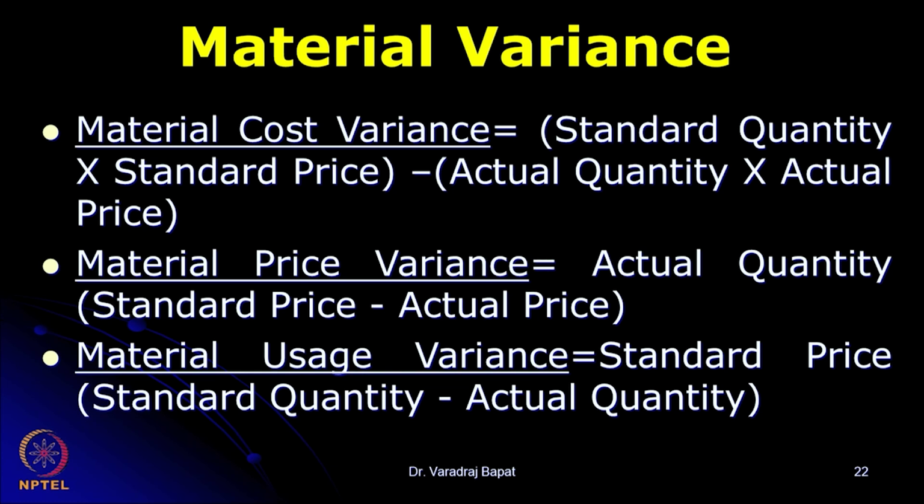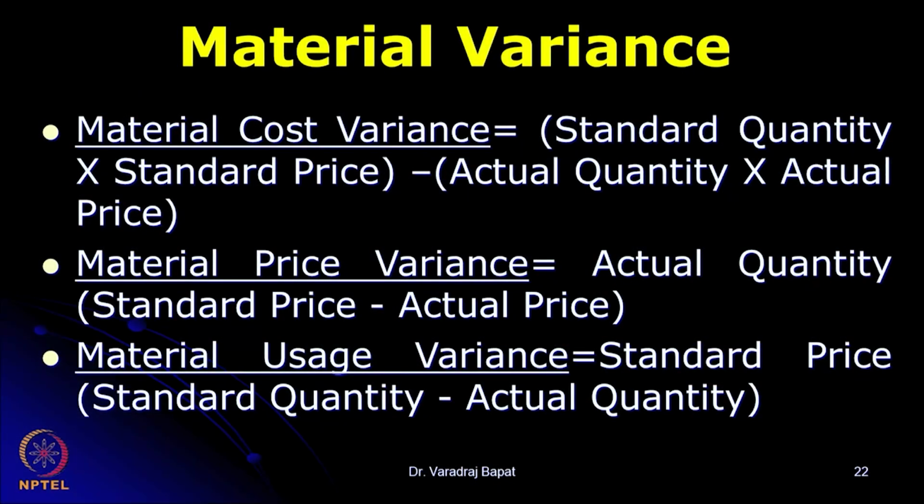Now, we want to break them down into causes. It can be because of price related reasons or it can be because of usage related reasons. So, material price variance is a difference between the prices, that is, in bracket we have got standard price minus actual price and we multiplied by actual quantity.